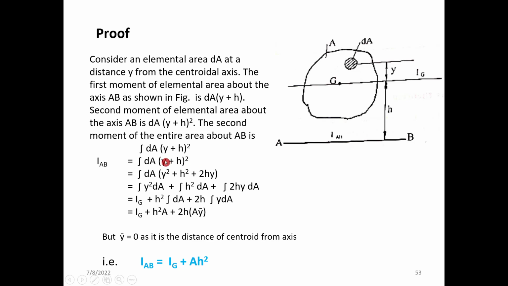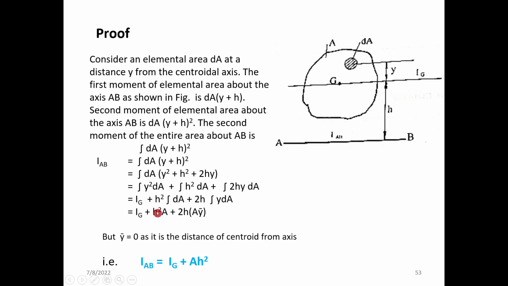On integration we get the integral of dA into y plus h all square, so a plus b all square. On expanding we have the integral of y square dA plus the integral of h square dA plus the integral of 2hy dA. We know that the integral of y square dA is with respect to the centroid axis, so it is Ig.